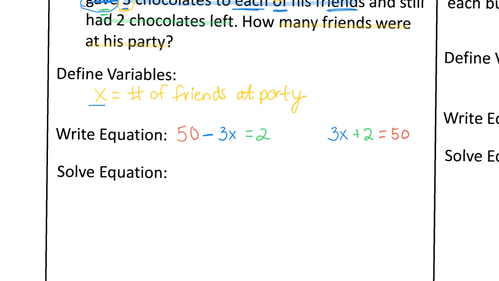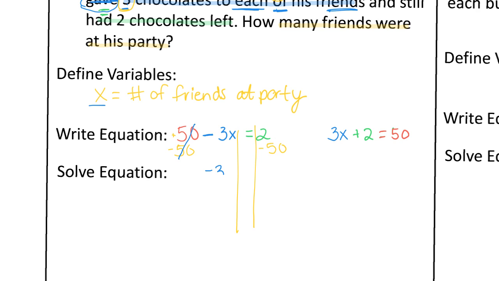So in order to solve this, draw the river. We have to undo this 50. Remember, this is a positive 50. So we have to do the opposite of a positive, and we subtract 50 on both sides. These 50s cancel.